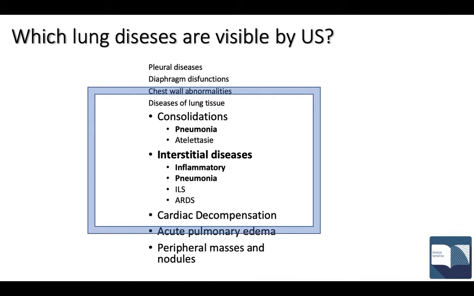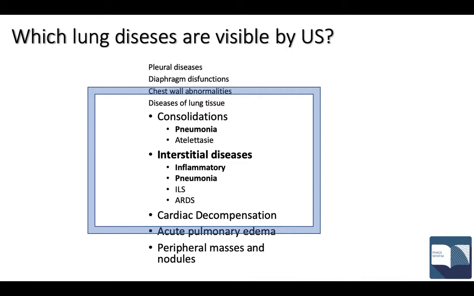Fortunately, as a disease involves the lung, we have a range of diseases that we can study with ultrasound. So pleural diseases are easily studied by ultrasound, also diaphragm dysfunction and chest wall abnormalities. And about lung tissue disease, we can see all pathological conditions that reach the surface.